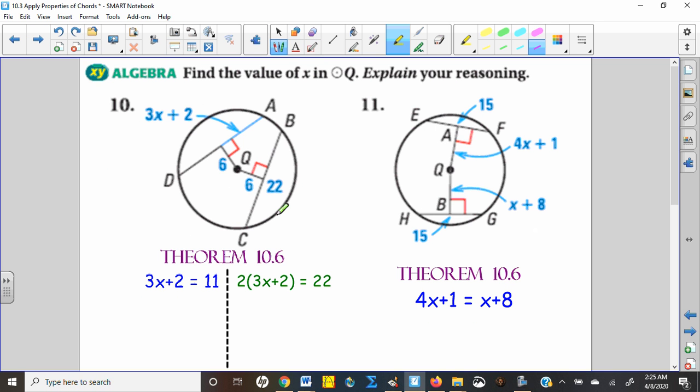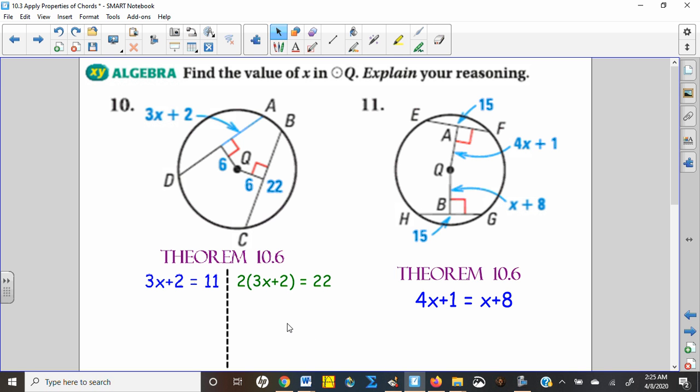Number 10, same idea. We have two equidistant chords from the center, so they have to be congruent. And so we set them equal to each other. Actually, this one was a little trickier because they gave you one full chord, and then they asked you for half of the other chord.